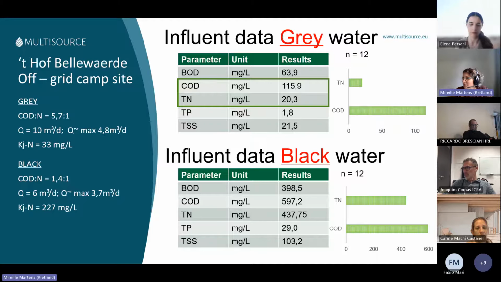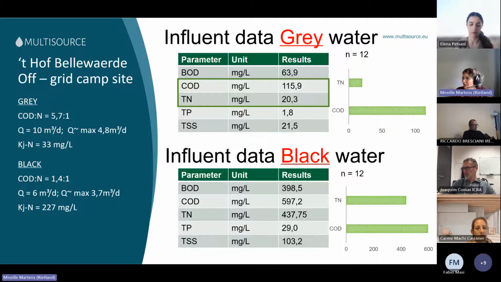If we look at the black water, you can see that the COD is only a little bit more present than the total nitrogen. So actually this ratio is not so interesting. It's only 1.4 to 1, which is also very visible in the charts at the right side.